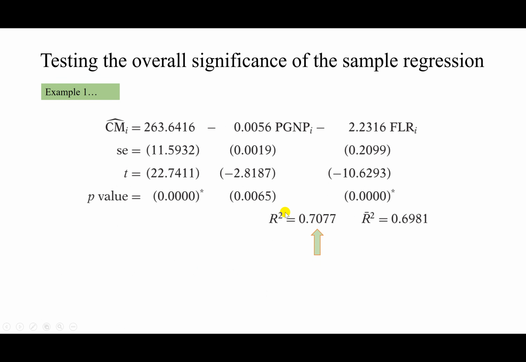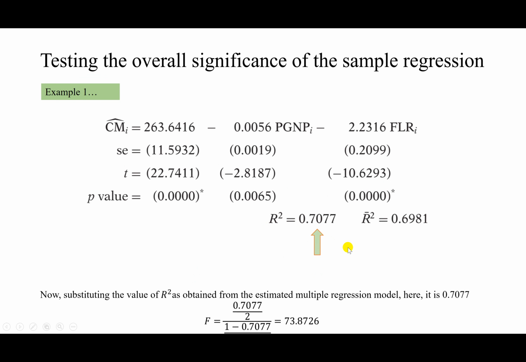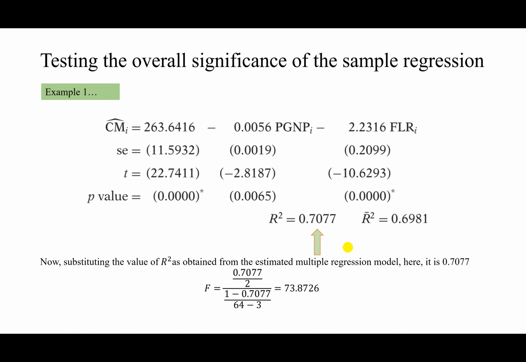So in the given model, the R square value is given as 0.7077. Now substituting the value of R square as obtained from the estimated multiple regression, we will get F is equal to 0.7077 divided by 2, divided by 1 minus 0.7077 divided by 64 minus 3.